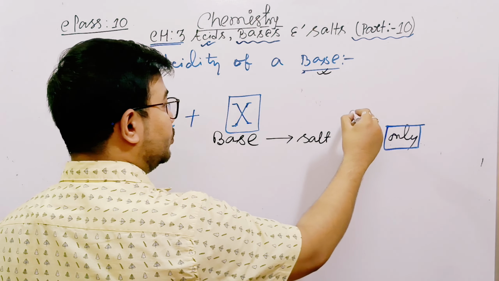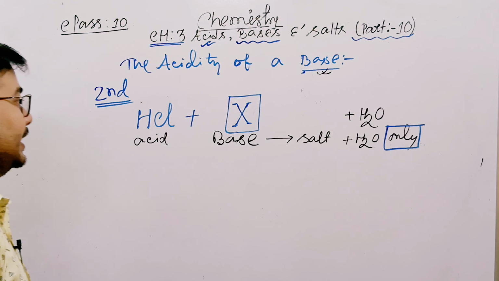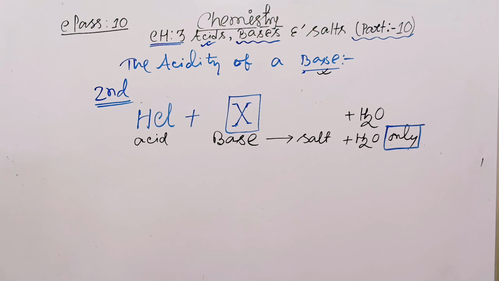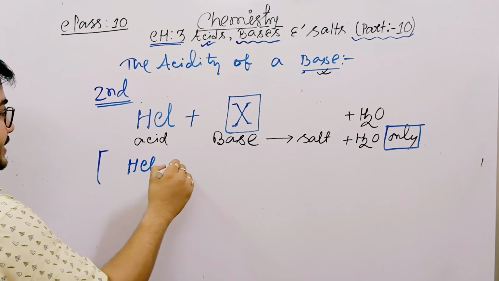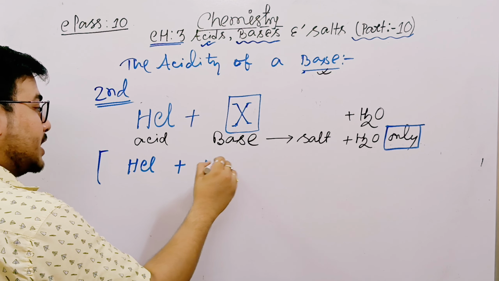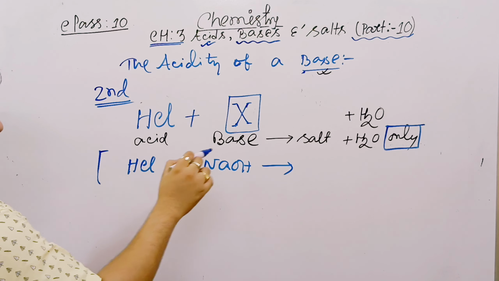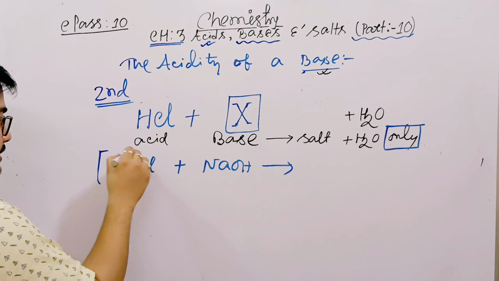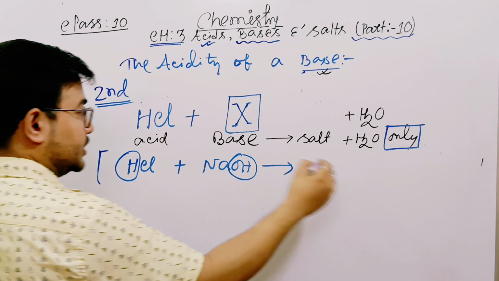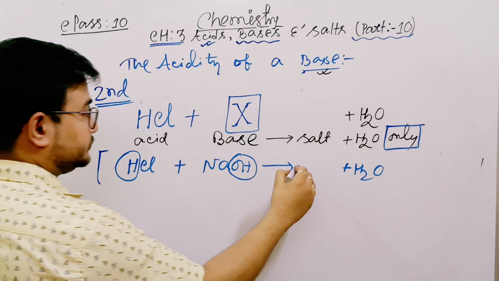So the formula of the water is fixed. Okay, suppose when hydrochloric acid reacts with, suppose, a base NaOH, what is the product? Salt and water. So see, look at the board. Water means H and this OH, so water will form along with what? Salt, so NaCl.